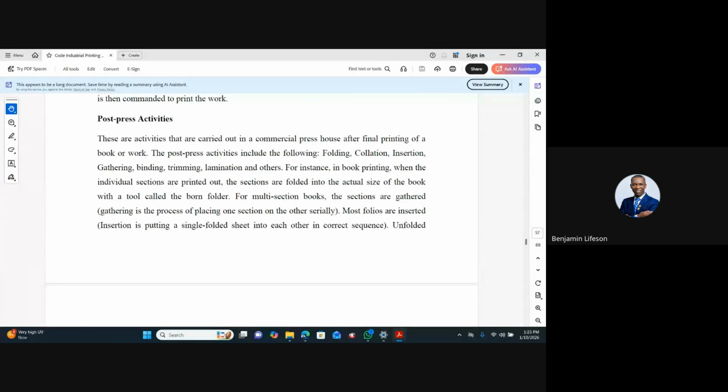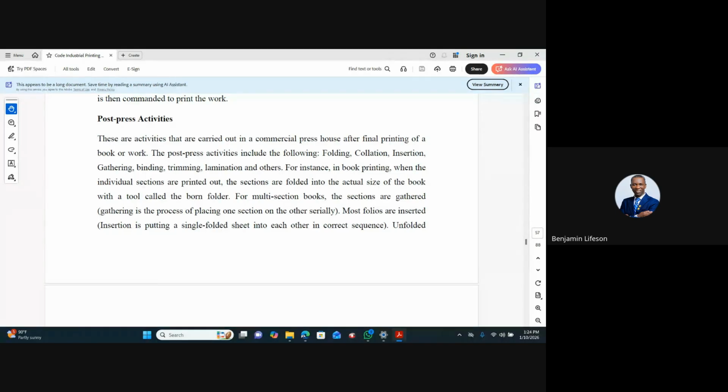Both are processes of assembling the printed sheets, but they differ in methods and purpose. They differ slightly. Now, if you look at collating, as I said, we arrange individual sheets or pages in a specific order. Then gathering means assembling folded sections into a book block.